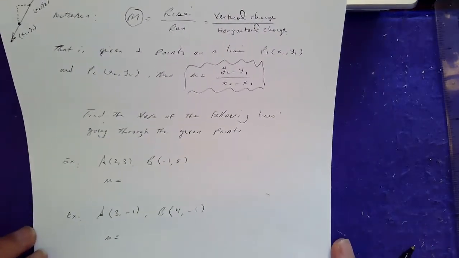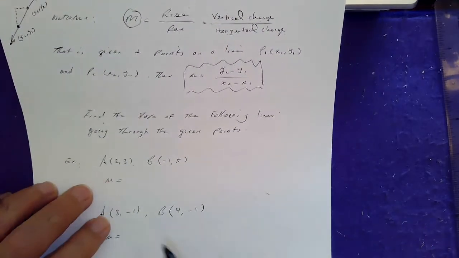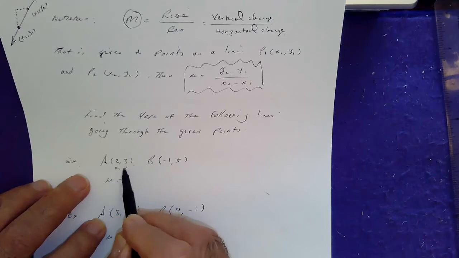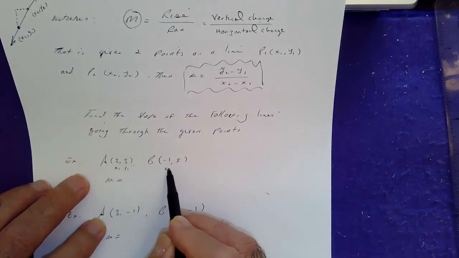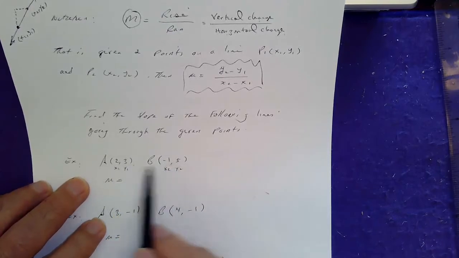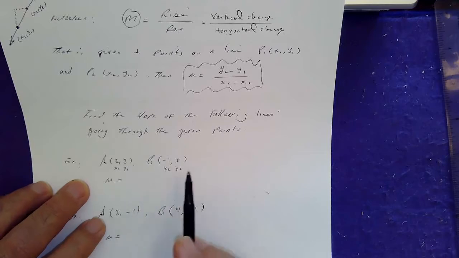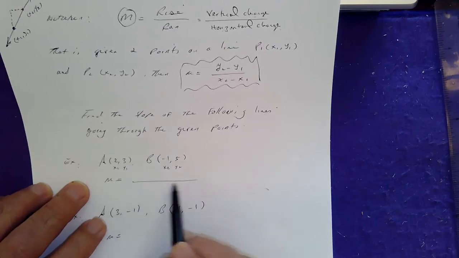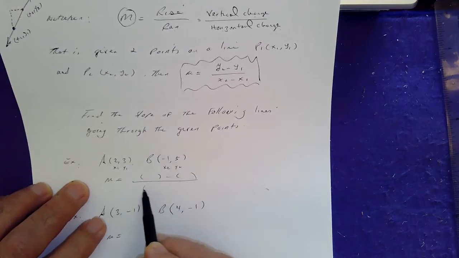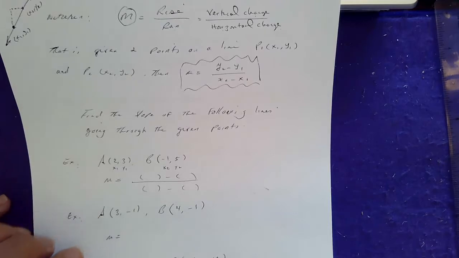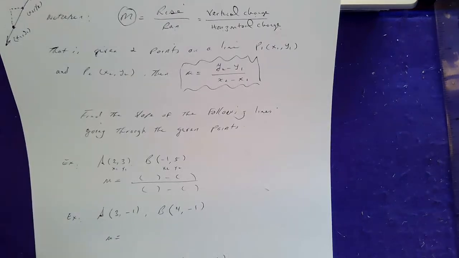So let's find the slope of the following points on a straight line. Suppose I label these as x1, y1, x2, y2. Does it matter how I label these? Absolutely not. The way I do it is I put a couple of parentheses on top with a minus, and a couple of parentheses at the bottom of the fraction with a minus sign in between.